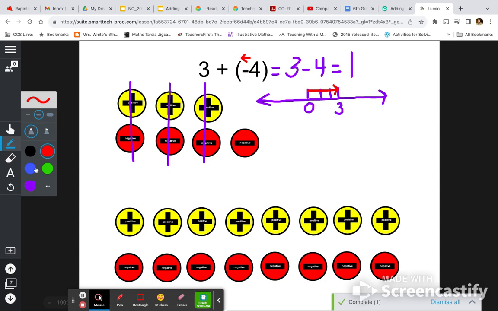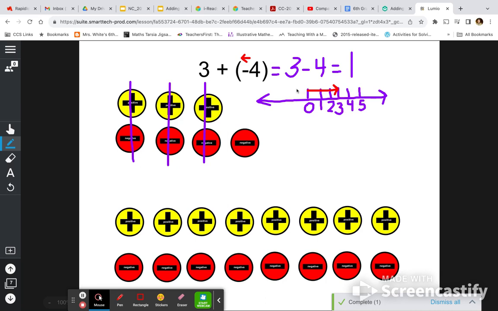So now let me change colors. And I'm actually going to add those digits in as well. Okay, now this would be +4. This would be +5. And if I go to the left of 0, this would be -1, -2. And that should be all that we're going to need.